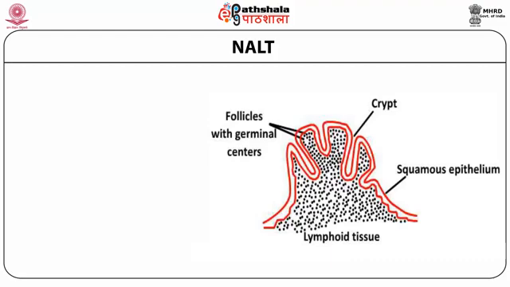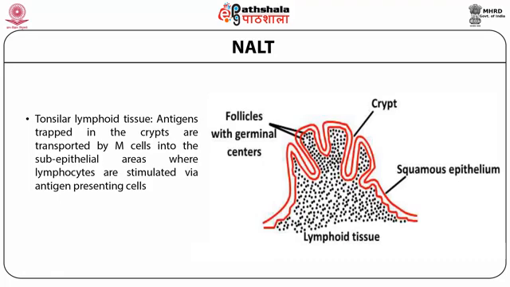NALT essentially handles airborne microorganisms. These tissues, unlike lymphatic nodes, do not have lymphatics. In tonsillar lymphoid tissue, for example, the antigens trapped in the crypts are transported by M cells into the subepithelial areas where the lymphocytes are stimulated via the antigen presenting cells.